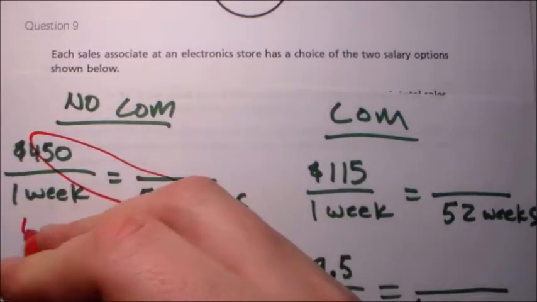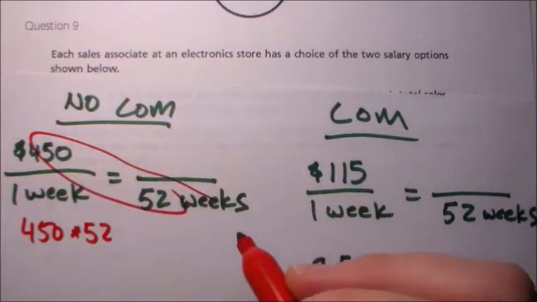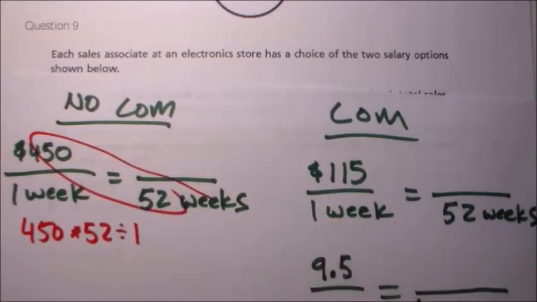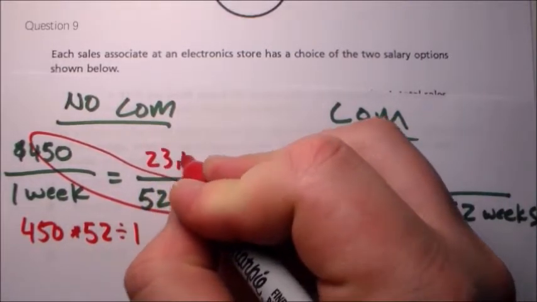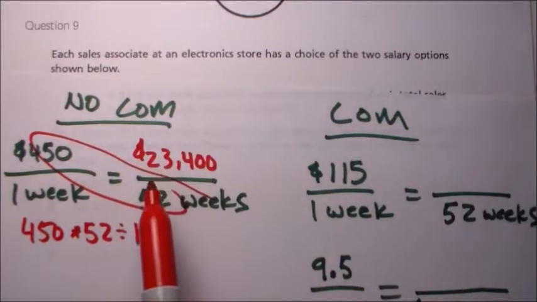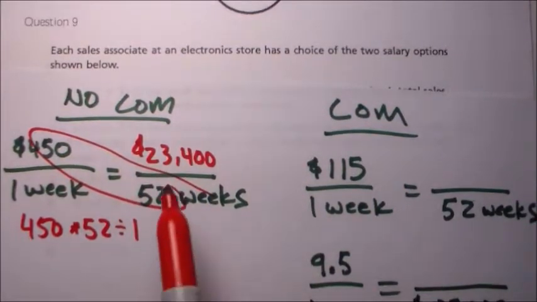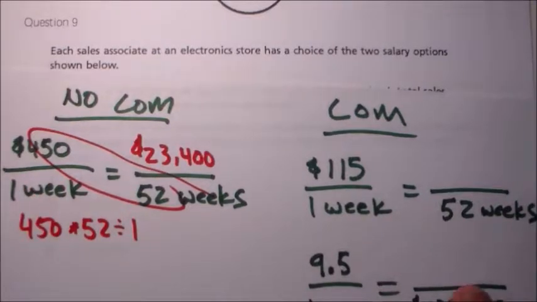Again, just cross multiply. 450 times 52 divided by 1, and you will get 23,400. So that's your first choice. You could make $23,400 if you simply said, no thanks on the commission. I'm just going to go for the $450 base salary.